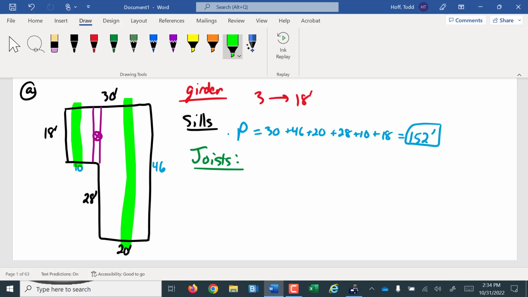But anyway, for our 18 feet, our 10-foot span, I should say. So it's 12 over 16, we're assuming a 16-inch spacing still, times the run of 18, and then plus 1.